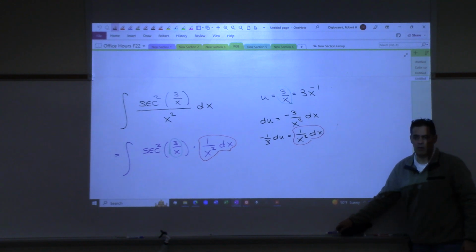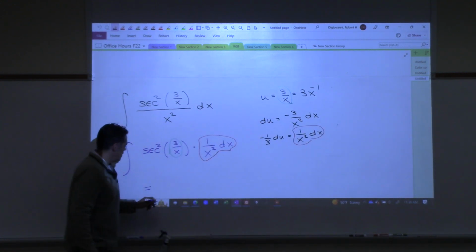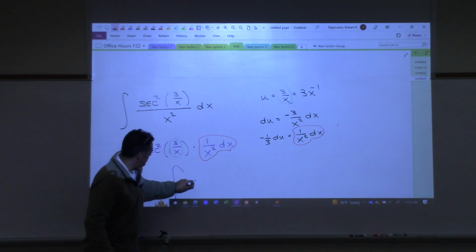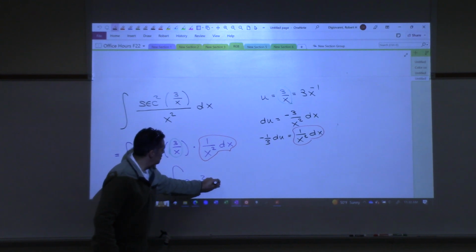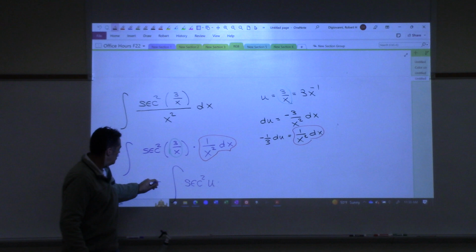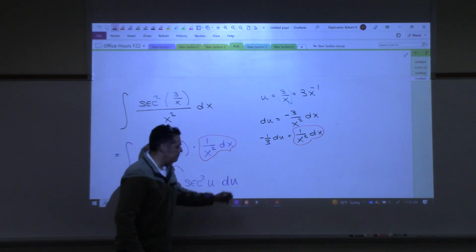What is the new integral? Secant squared u times negative 1/3 du, right? And I'm going to pull the negative 1/3 out, put du right there.